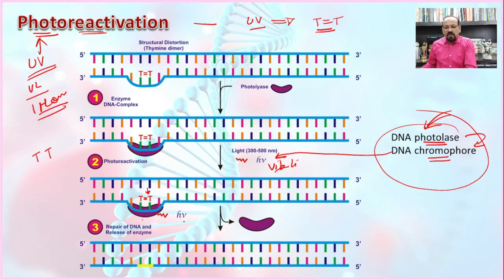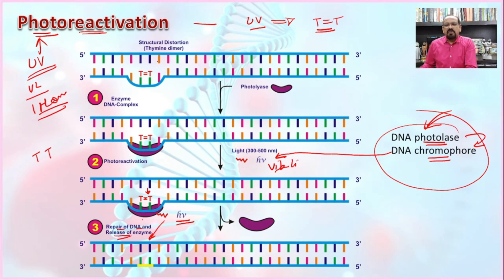After breaking this bond with the help of visible light, the DNA is repaired and the enzyme is released. So if this bond is broken, it will automatically restore the normal condition of the DNA molecule.